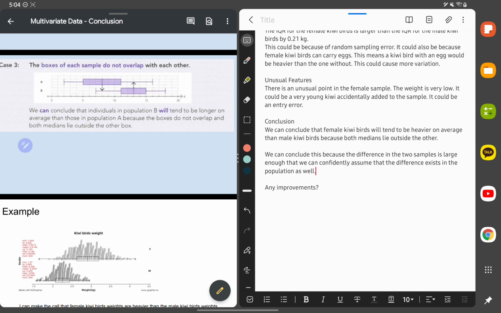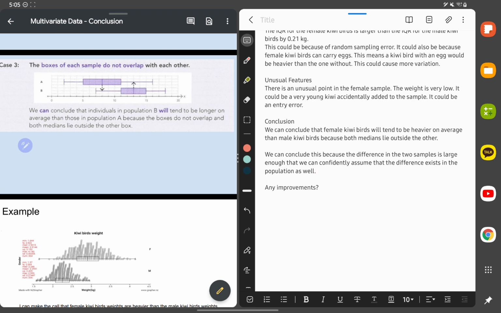Or if we can't conclude, if they're too close, if the medians fall within each other's box, then we say we can't conclude. And in this paragraph here, we would say something like, we can't conclude because we can't conclude which one's higher or lower, because if it's that close, we're not sure that it's just sample variability.